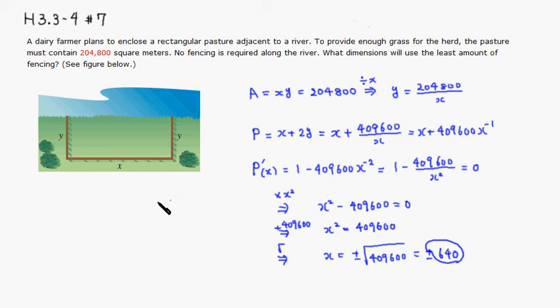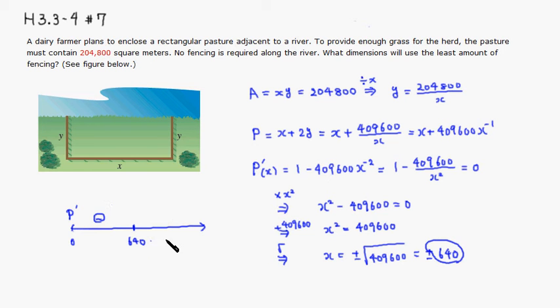Let's make sure. Do the number line, then look at P prime. Here is 640. If it's before 640, so a small number like 1, then you see that it's going to be a negative value.